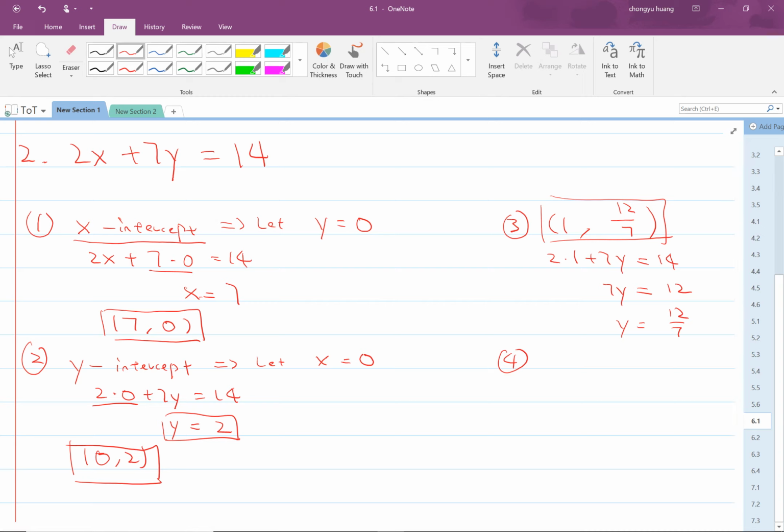So for the fourth point, you can plug in any number. What about we plug in negative 1?